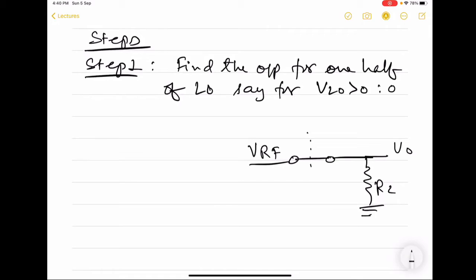So this implies an on switch. From here we can see that the output is equal to RF.